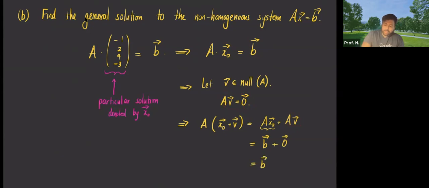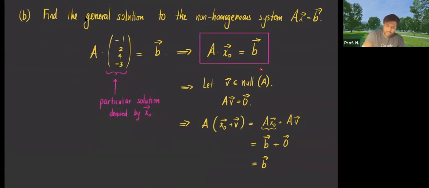B. So wait a minute. A x naught equals B. Remember what x naught was? The particular solution. What was V? V was a vector in the null space. So if you add the particular solution to something in the null space, you get a new solution to this system.